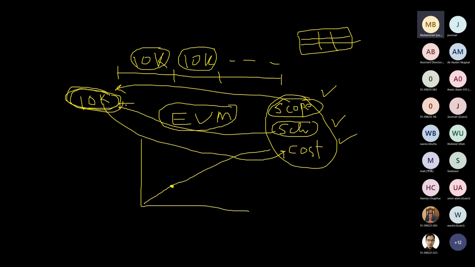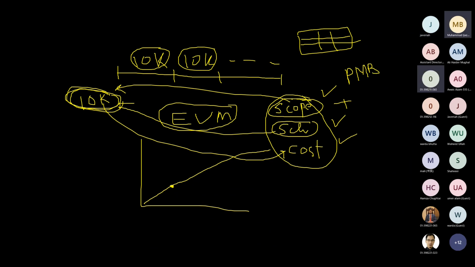Okay. So when you are using the earned value management system, the cost baseline combines these three baselines into a single baseline, and the combination of scope baseline, schedule baseline, and cost baseline is known as the performance measurement baseline. Is it clear? Yes, sir, repeat it again.